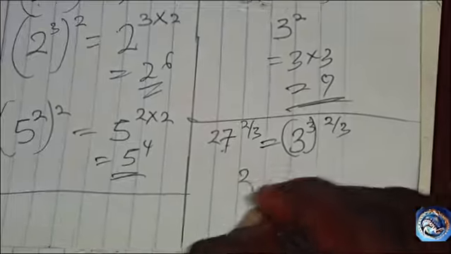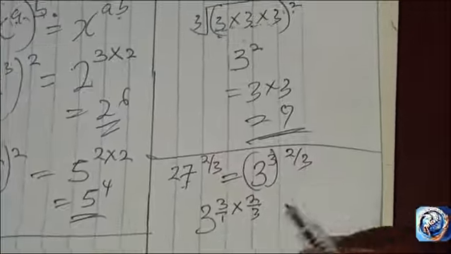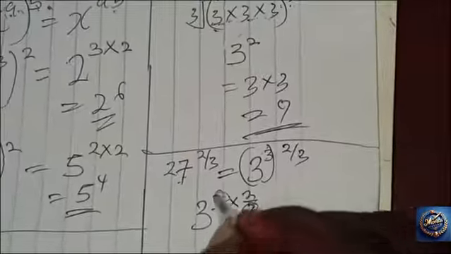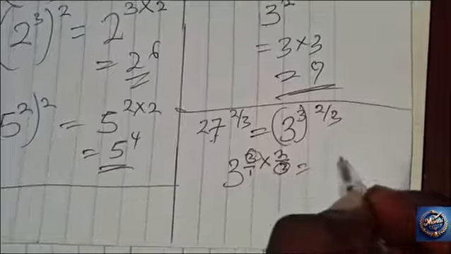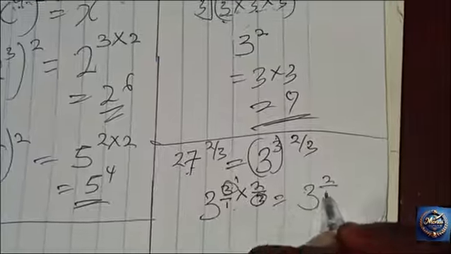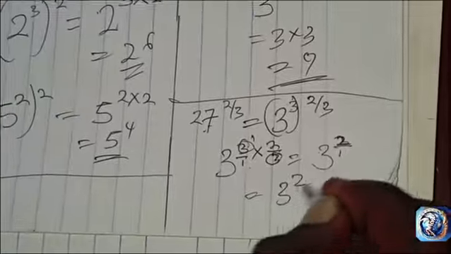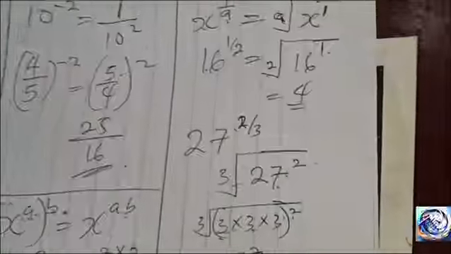Then I'll have 3 raised to power 3 all over 1 times 2 all over 3. The double power law comes into place now. So the 3 cancels the 3. What will I have left here? This is 3 raised to power 1 times 2, that is 2 all over 1 times 1, which is 2. This is equal to 3 raised to power 2, which is equal to 9. So it is still the same thing. You are just solving it in another way.